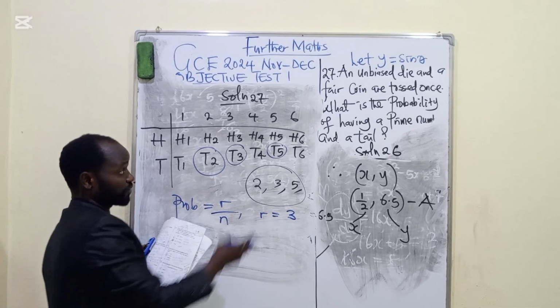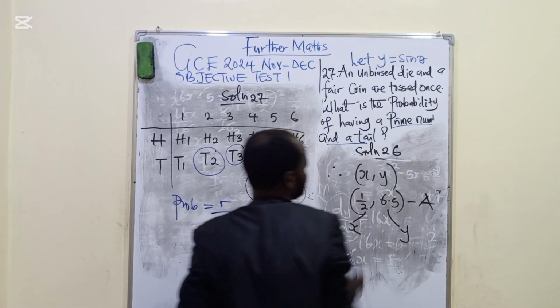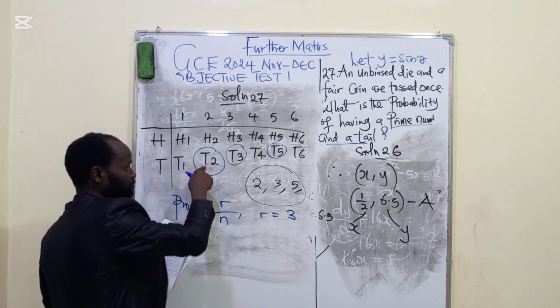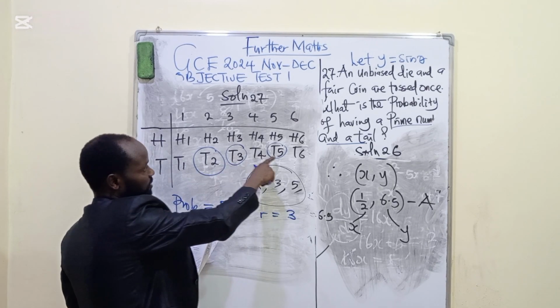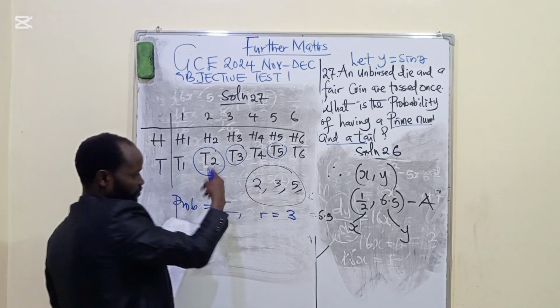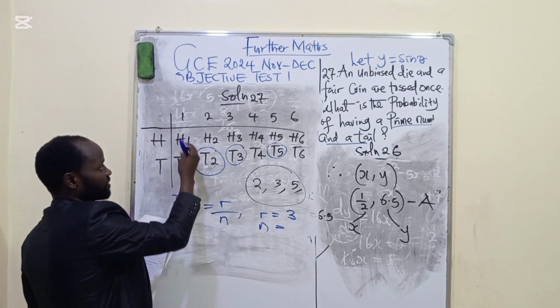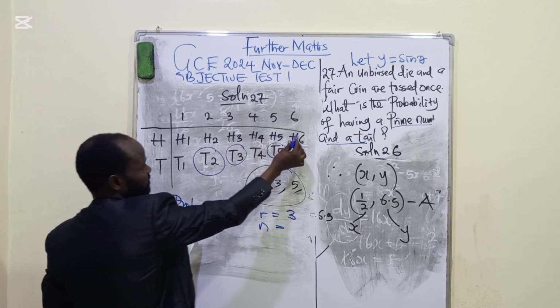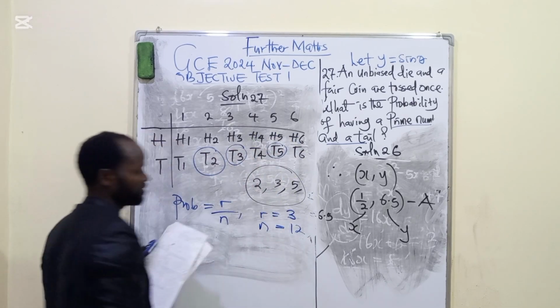Very important, because we are asked what is the probability of having a prime number and a tail. Prime number 2, tail, this is the tail of the coin. Prime number 3, tail. Prime number 5, tail, which is 3. Then our N is nothing but, how many in the sample space do we have here? 1, 2, 3, 4, 5, 6, 7, 8, 9, 10, 11, 12, which is 12. So we're almost there.